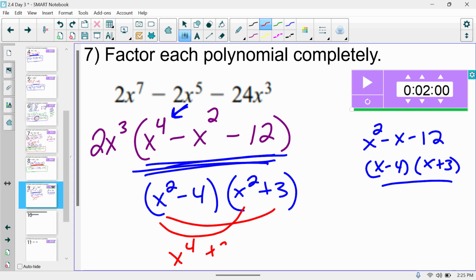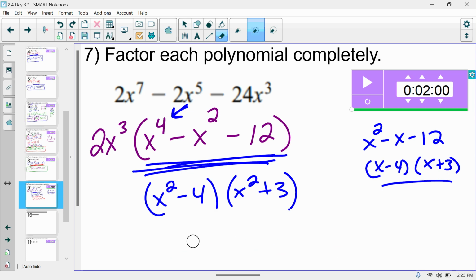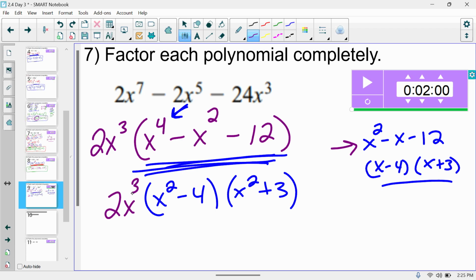Outer would give me 3x squared, and inner would give me negative 4x squared, and together that equals negative 1x squared. And then last, negative 4 times 3 is negative 12. So when we say that something's in the form of a quadratic, it's not actually a quadratic, but you're pretending it is because you factor it the same way. And then just don't forget about the 2x to the third in the front.